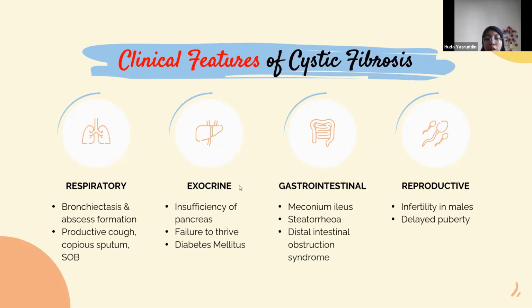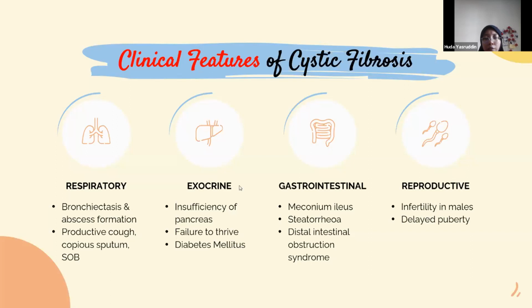And then there is steatorrhea because of the malabsorption just now, so when the patient passes stool, it will be oily. And then for distal intestinal obstruction syndrome, this syndrome is usually in adolescents. So there will be obstruction of the intestine, and the patient will complain of abdominal distension and difficulty passing stool.